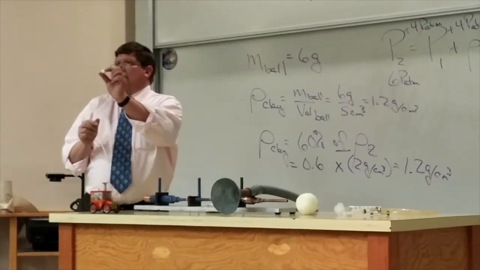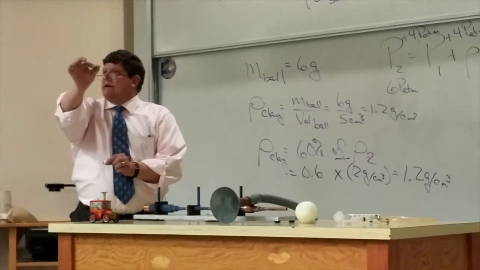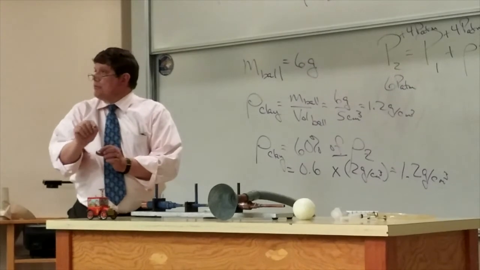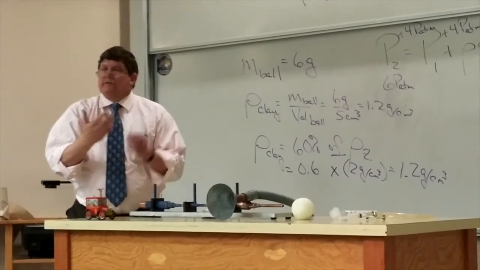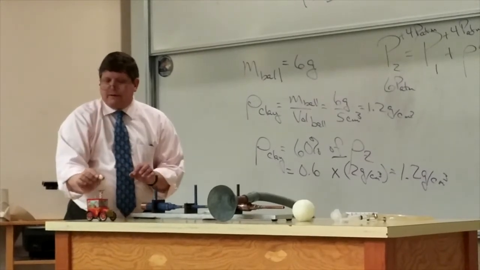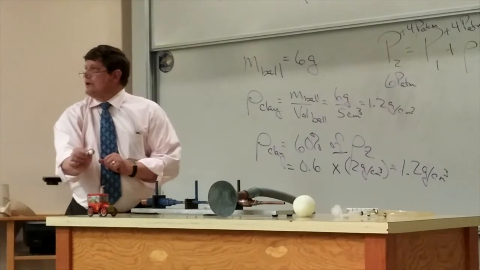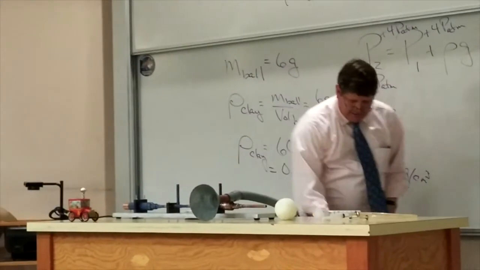And so this little styrofoam ball sees a region right above the stack that has a velocity. A velocity means a low pressure. The rest of the air in the room is not moving. So that's a high pressure. So anytime this ball wants to get out of the stream, it's going from a low pressure region to a high pressure region. Now I can do that on a bigger scale.